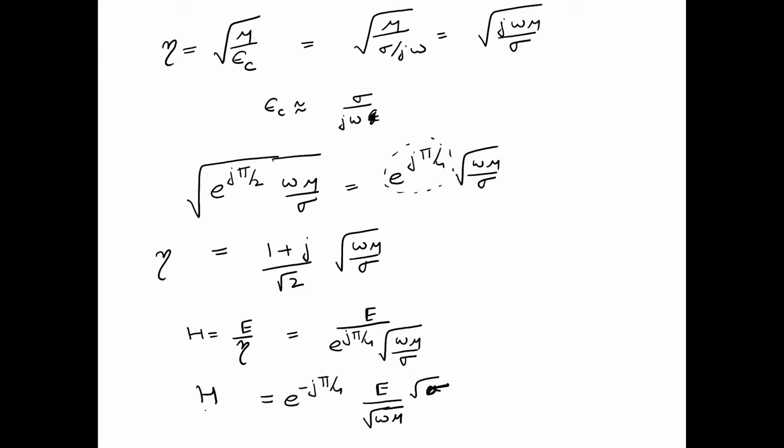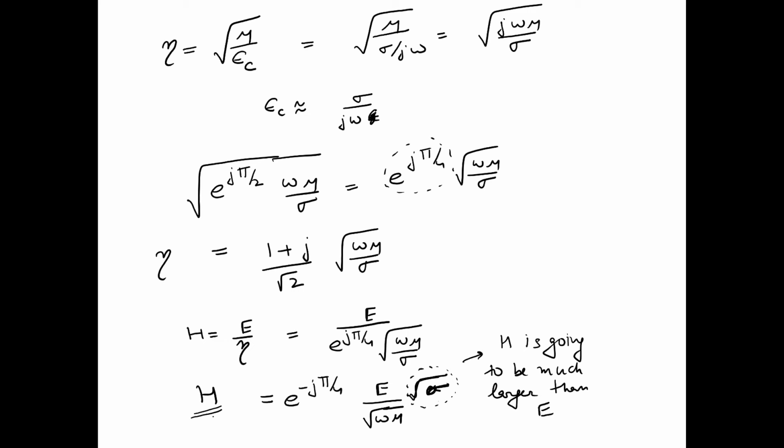Two things you notice from here. One, because sigma is a large number in a conductor, in the range of 10,000 to 100,000, H is going to be larger than E. Because of this term, H is going to be a dominant term inside the conductors.